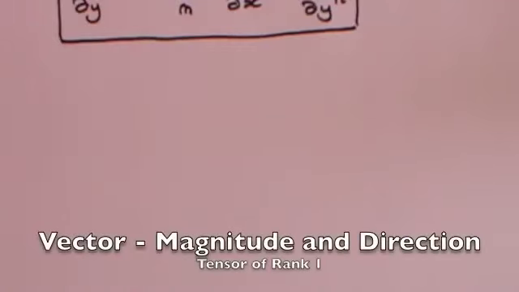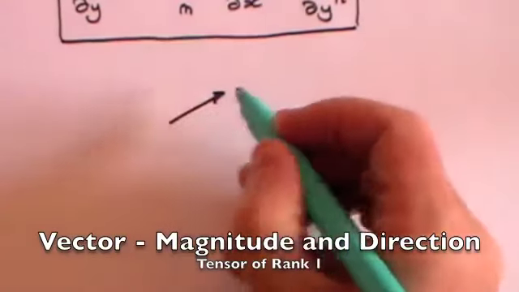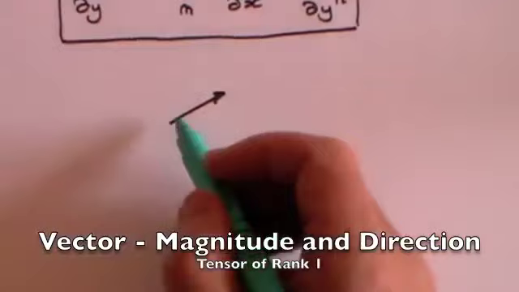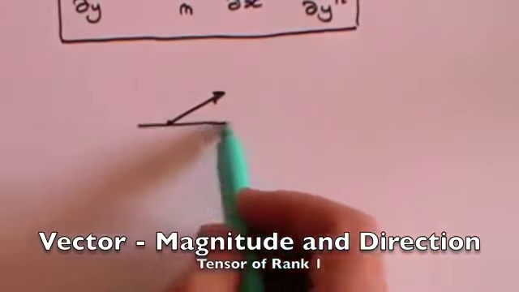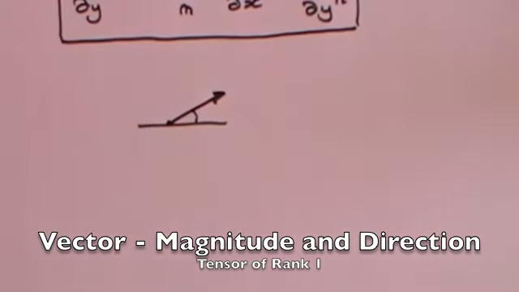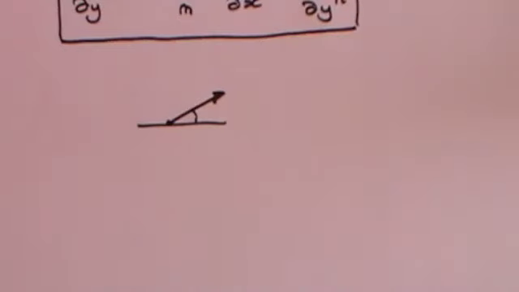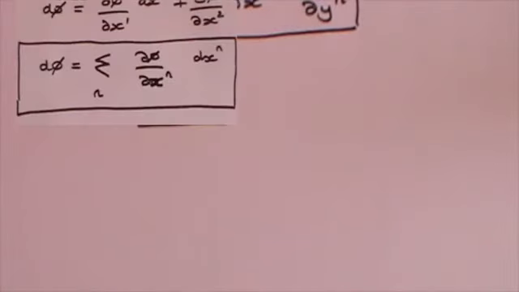Now consider a vector. A vector, of course, has magnitude and direction. So it has a length and it has a direction, which is often described as the angle to one of the axes, in this case to the x-axis. And a vector is described as a tensor of rank 1. And how does a vector transform? Well, we can use equation 1 that we derived earlier and which is showing on the screen, so you recognise it, and we just make a slight adjustment to it so that instead of dphi and dx, we replace it by the vectors themselves.